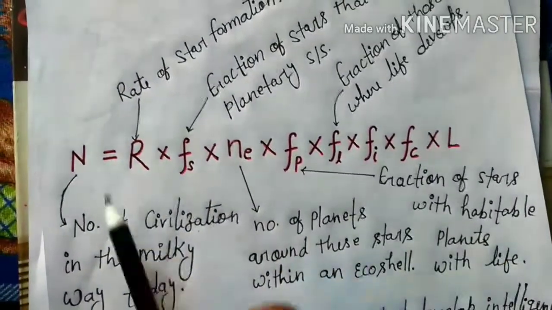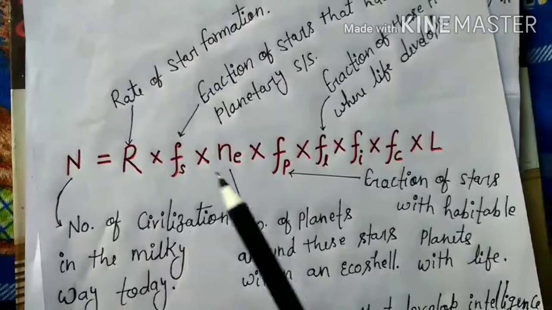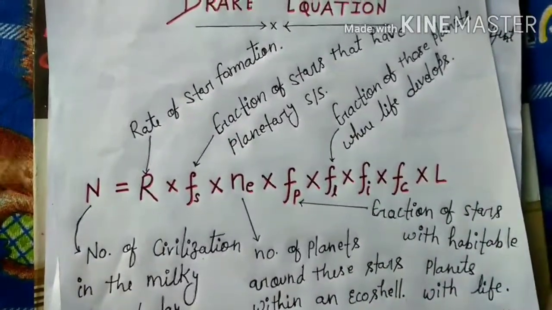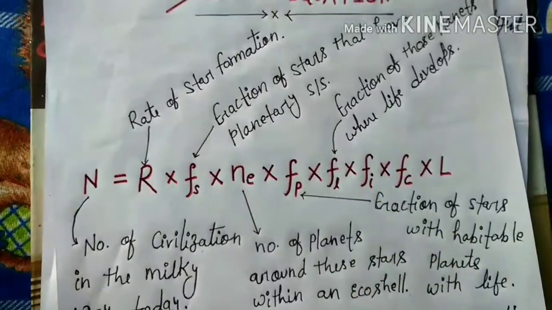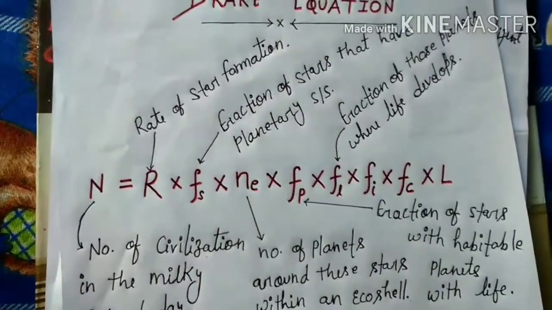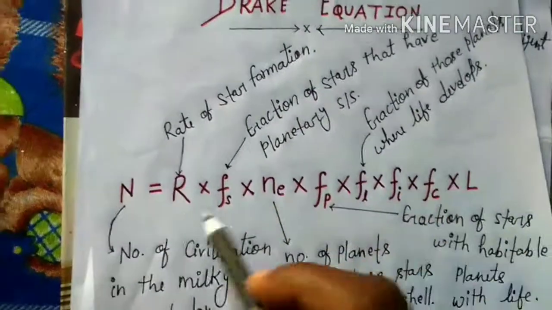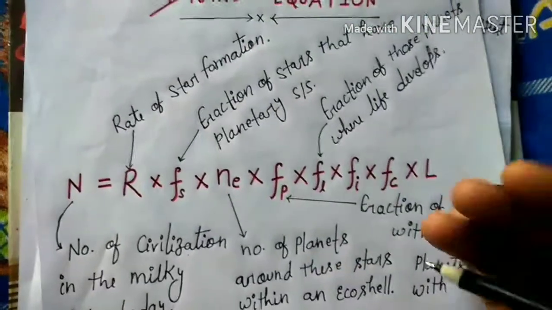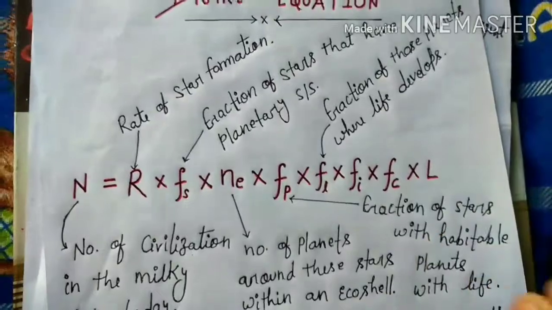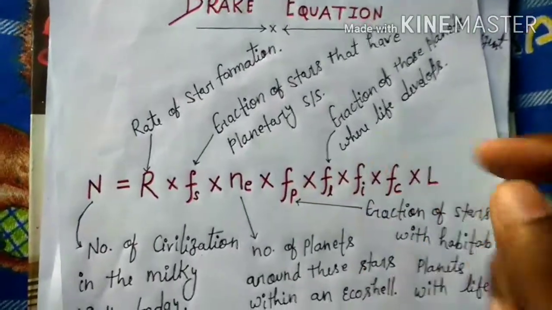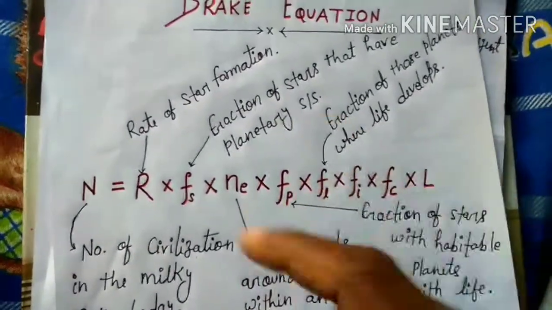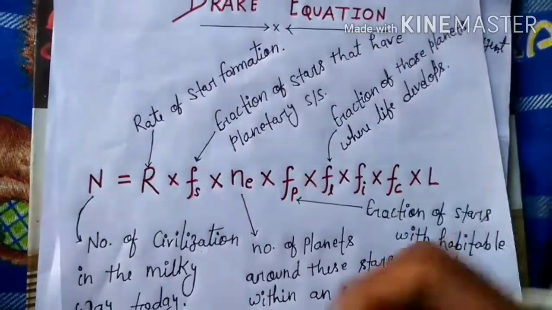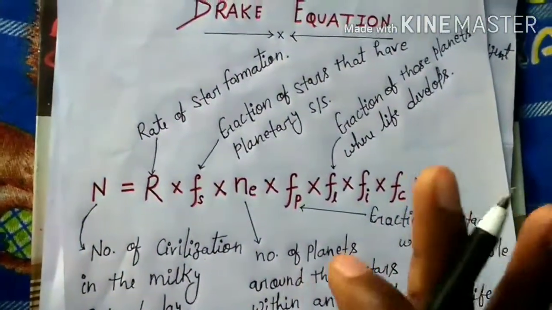So here you know all the notations. These equations give a minimum result of about 20. That means if you solve by putting in all the values, you find a result of 20, and this figure shows 20 intelligent alien civilizations in the Milky Way that we can contact and who can contact us, but there are not any.